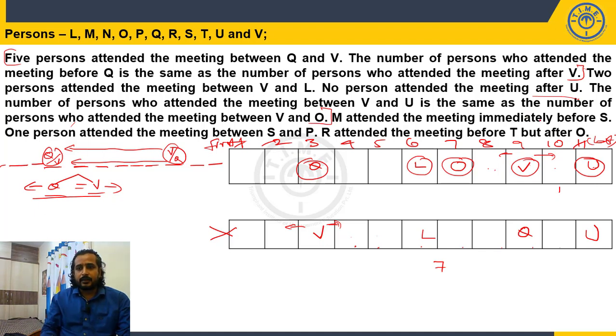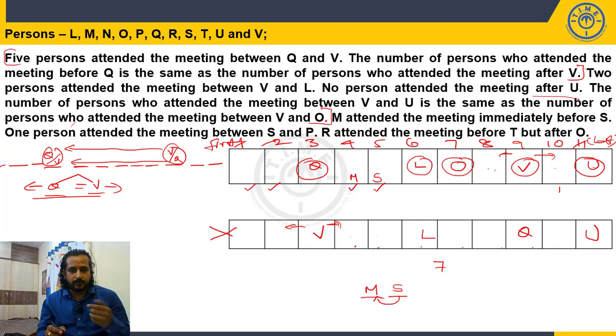M attended the meeting immediately before S. Okay. So what are the places we have? 2 adjacent positions. 1, 2, 4, 5. 2 possibilities. Okay. Move ahead. Only one person attended the meeting between S and P. Let us assume that if you take M here, S here, one person attended the meeting between S and P. Is it possible?